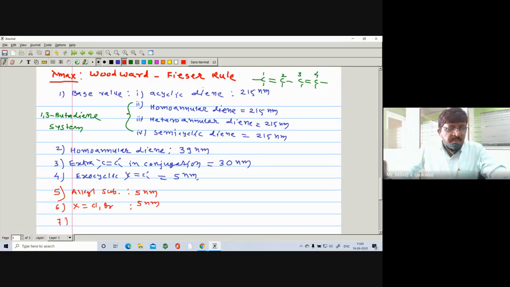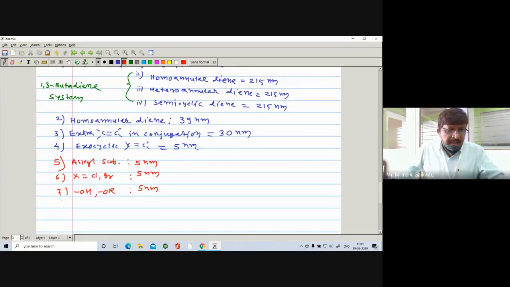Number 7, if there is the presence of OH and OR, in this case also you have to add 5 nanometer. And number 8, if there is an acyl group, OC double bond OR, you have to add 0 nanometer, means there is no need to add anything.